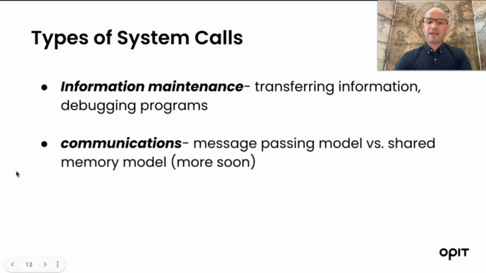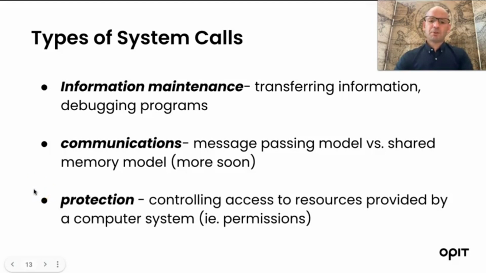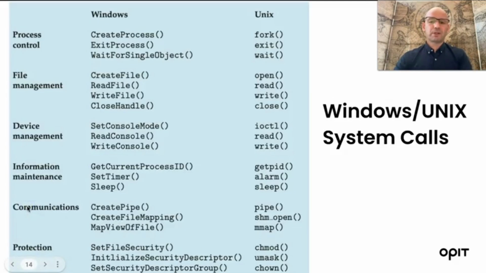Communication: the message passing model versus the shared memory model. We're going to talk in great detail about this soon. And lastly, protection: controlling access to resources provided by a computer system. For example, permissions. Depending on the type of person accessing, we allocate permissions accordingly.